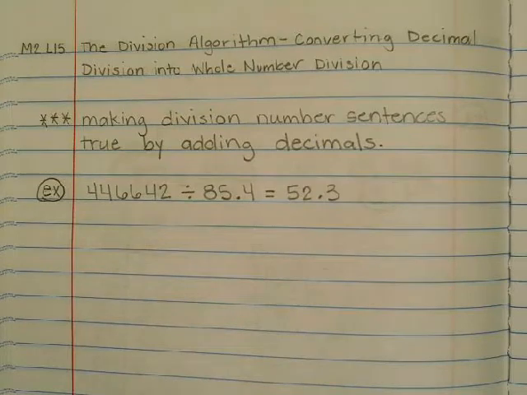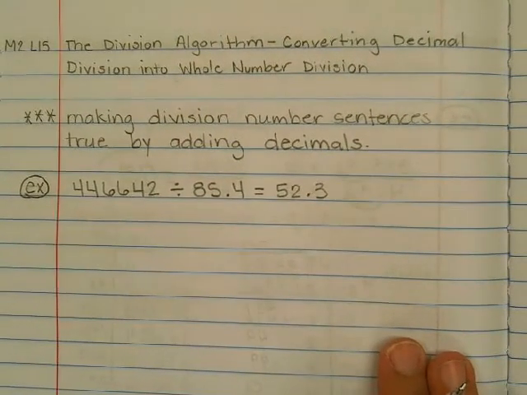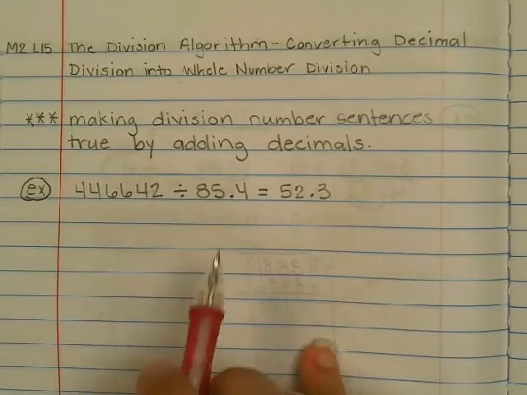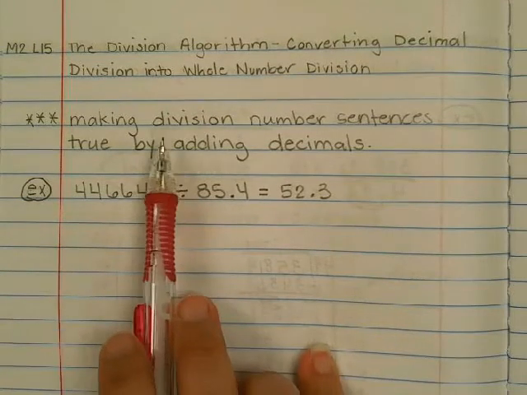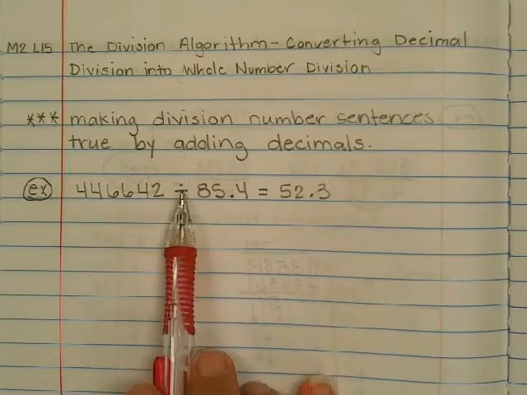I'm not going to work through those examples. I'm actually going to be jumping to the end of the lesson because there's a really important piece at the end of the lesson that I think we need to make sure that we get covered. And this part of the lesson is where we are making division number sentences true by adding decimals.